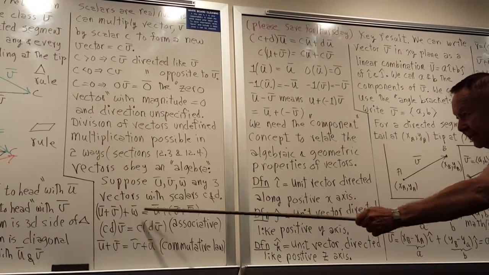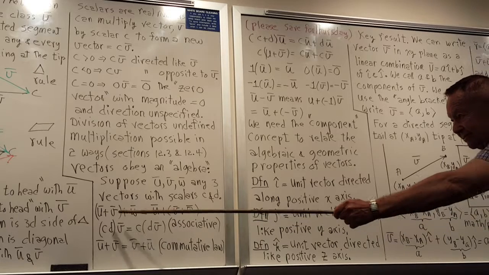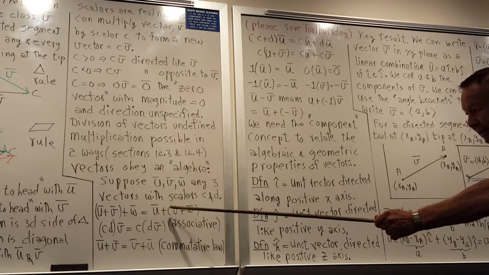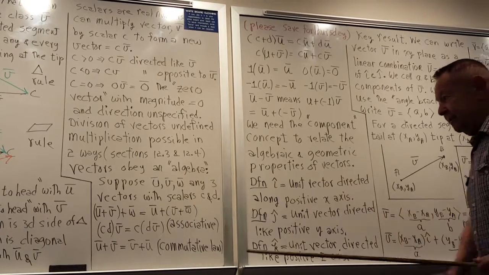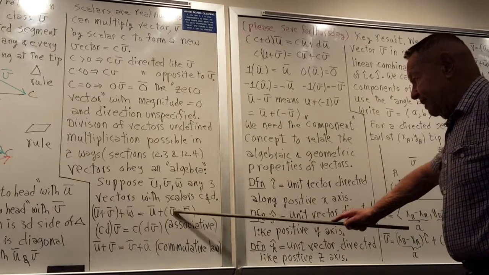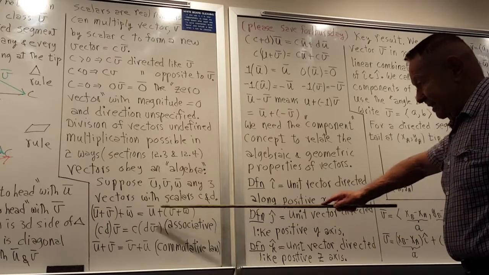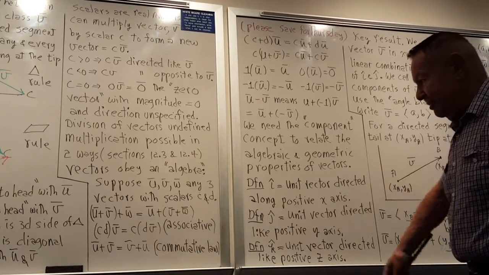So I can do it in any order. I can do u plus v first, or I can do the v plus w first, and then add that to the u.